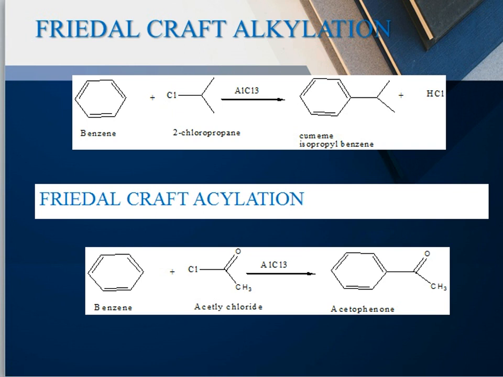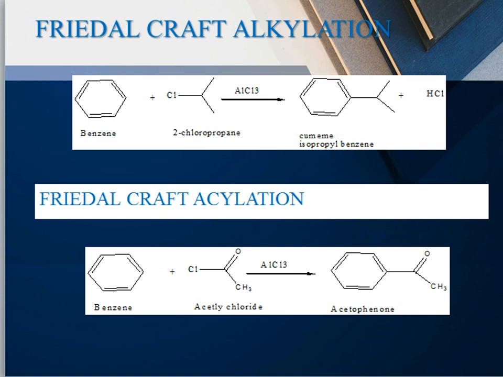In acylation a ketone group is attached, and in alkylation only an alkyl group is attached. So in acylation, the reaction of benzene with acetyl chloride, which has a ketone group, reacts with AlCl3 and gives acetophenone. Both reactions contain aluminum trichloride.